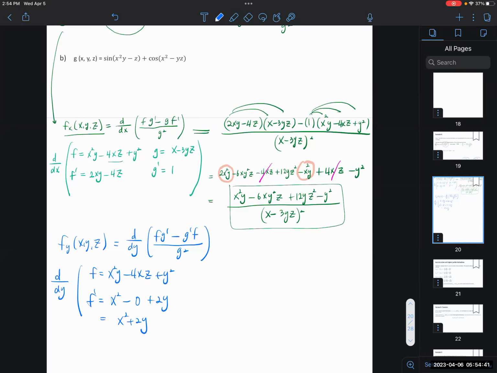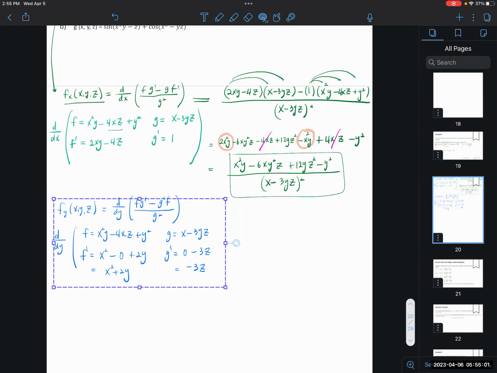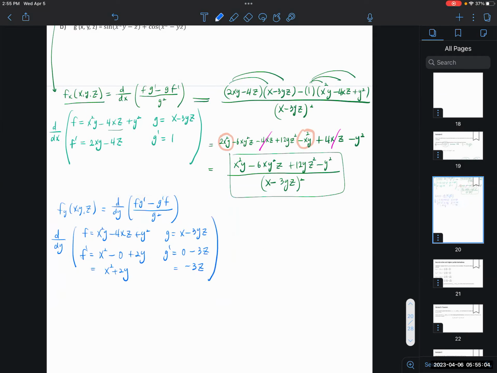Okay, good. How about the g? We have x minus 3yz. g prime, x is a constant so 0, and then we have a 3z, so basically negative 3z. So that's with respect to y. So now we're going to wrap up. So here, f prime g minus g prime f.